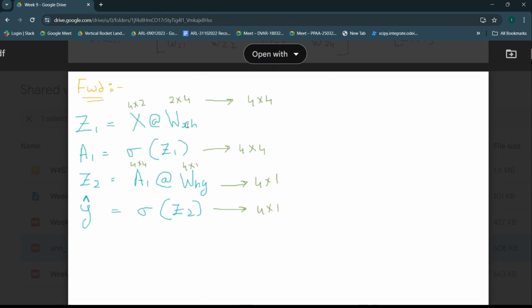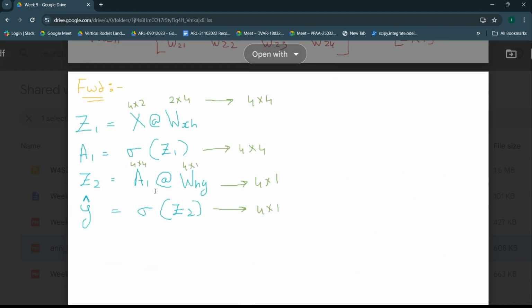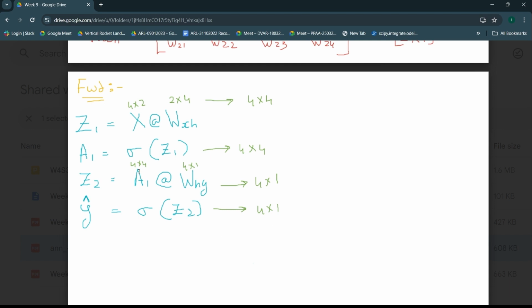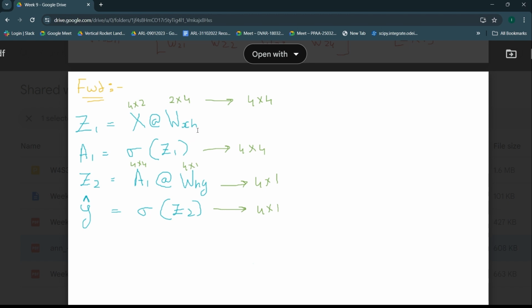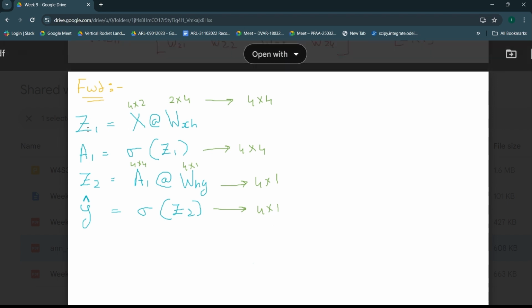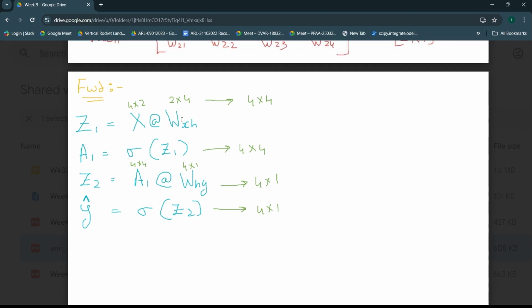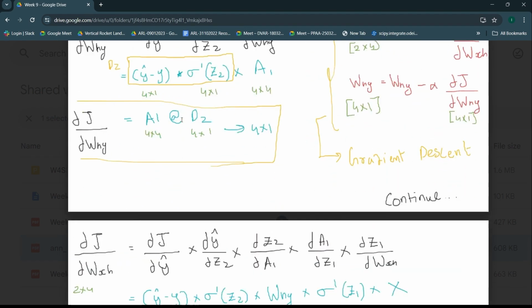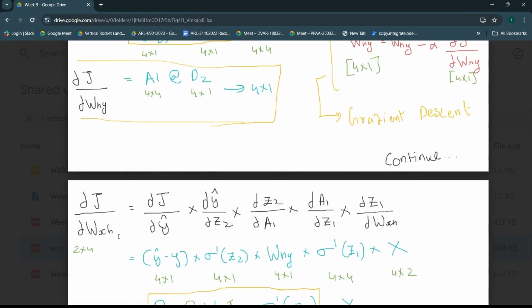But because I want to go till Wxh, I take the derivative of z2 with respect to a1, and now from a1 with respect to z1. And finally, from z1, you go to Wxh. So that's how you get the derivative of activation 1 with respect to z1, and then the derivative of z1 with respect to Wxh, to be your final chain for dJ/dWxh.